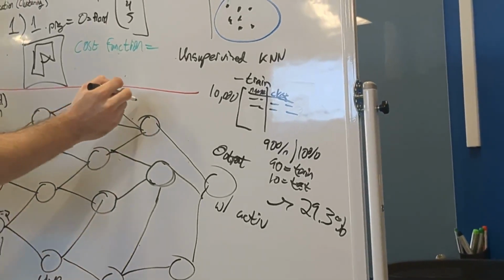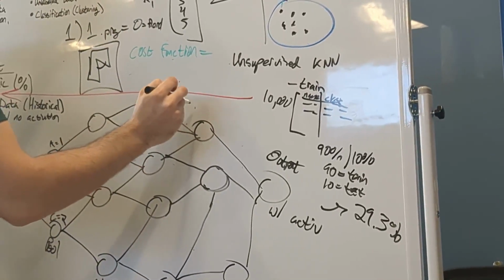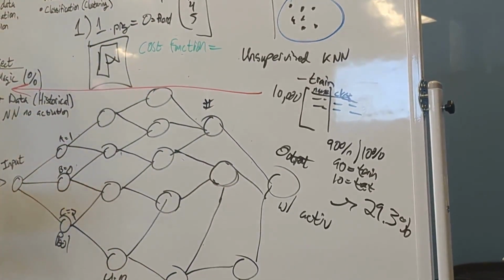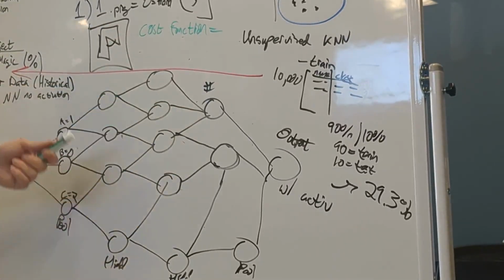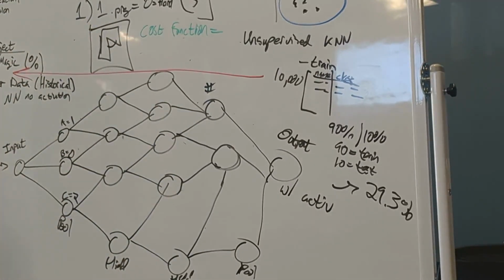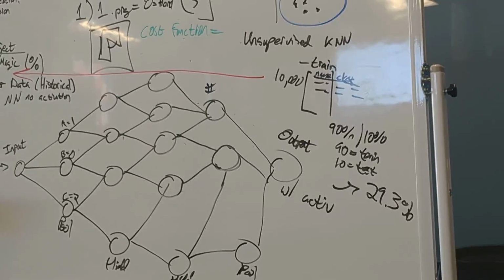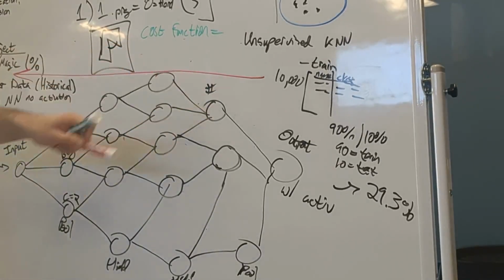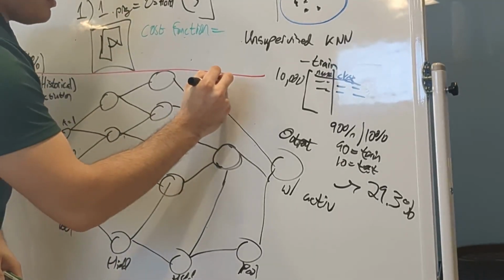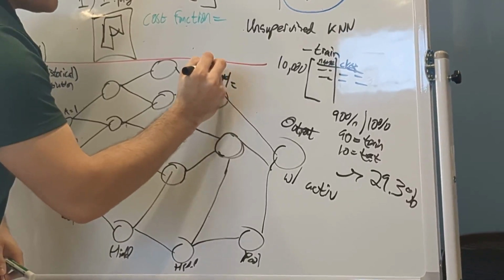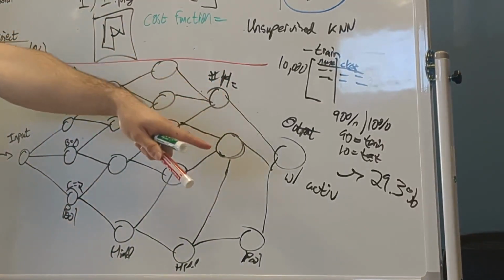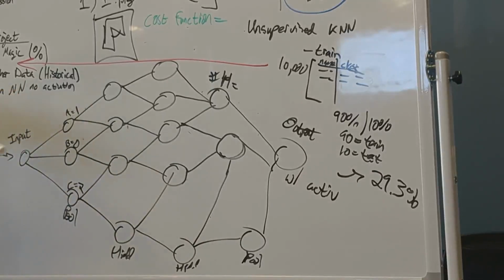We want to go back and see at each node, how much do you contribute to that overall error? So at this node, let's say it's 0.001 that it contributes to the total error. Well, you're going to modify the weight at this value, change it to fix the error, right? And to reduce the error.